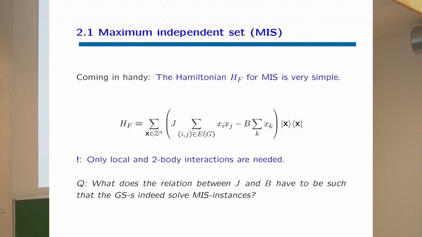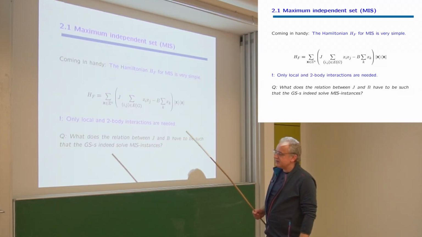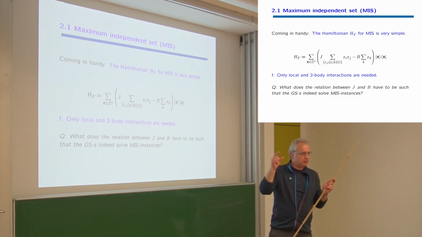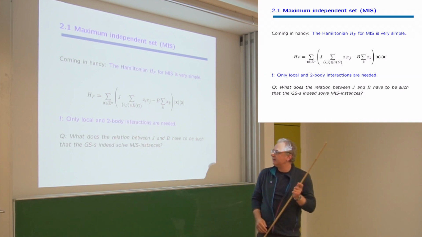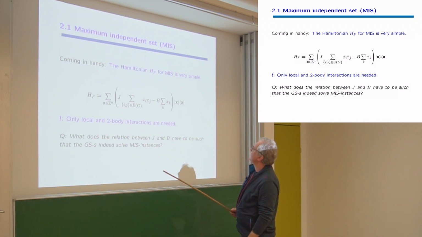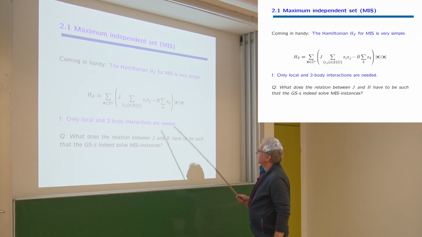It turns out we can make this Hamiltonian with basically the simplest interaction there is, namely the Ising interaction. Two-body, very special kind. Okay, so we are just writing down this Hamiltonian again.